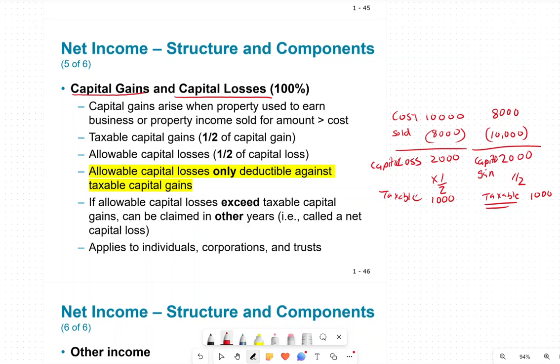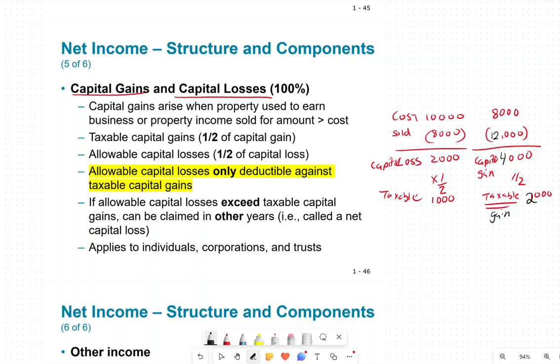Now I highlighted it here. I showed you how allowable capital loss works. So if, for example, I change this question, I'm going to say that I sold it for, let's say, $12,000. So my gain is $4,000. My taxable gain is $2,000.